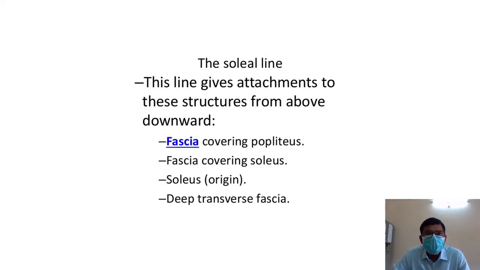This soleal line gives attachment to these structures from above downwards: the fascia covering the popliteus at the top, just below that the fascia covering the soleus muscle, below that the origin of the soleus muscle itself, and finally at the bottom level the deep transverse fascia of the leg.